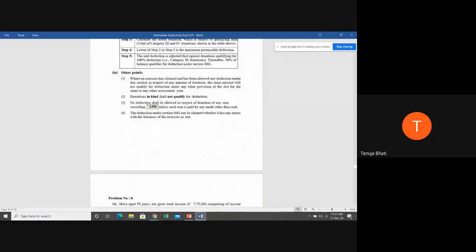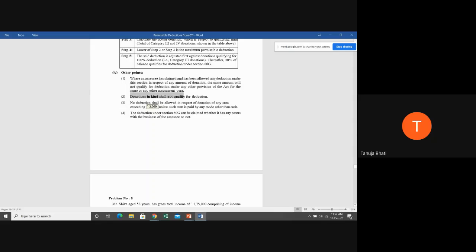Next, other points that we need to consider. Where an SSE has claimed and has been allowed any deduction under this section in respect of any amount of donation, the same will not qualify for deduction under any other provisions of the Act for the same year or any assessment year. So suppose an SSE has claimed deduction under 80G, the same amount of deduction he cannot claim under any other section.